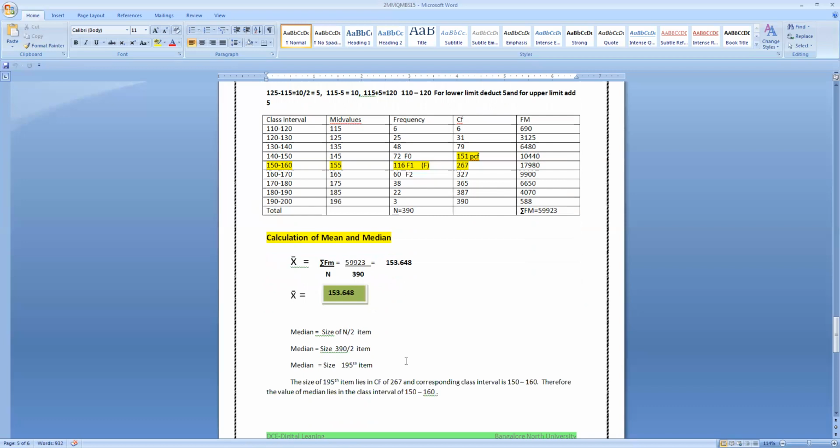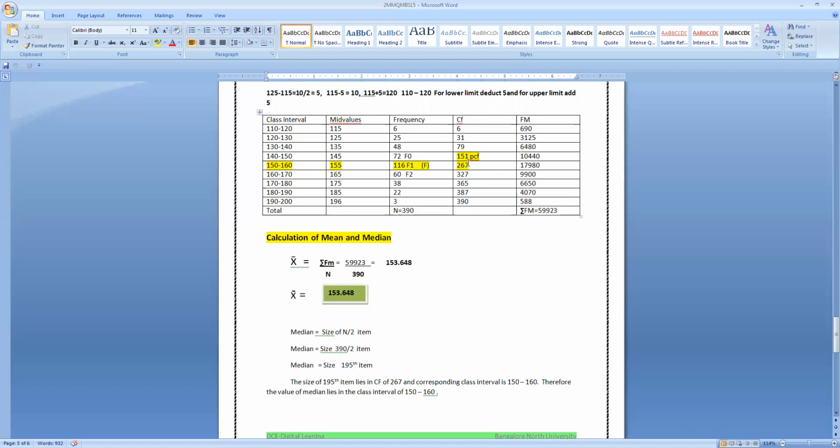Let us go for the calculation of median. We first have to calculate the median class interval, then we apply the formula. Median is the size of n by 2. Median equals the size of 390 by 2. We get the size of the median class as 195. Then we check in the CF column where 195 lies.